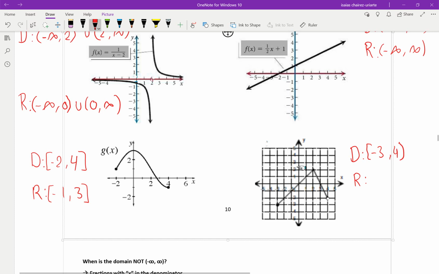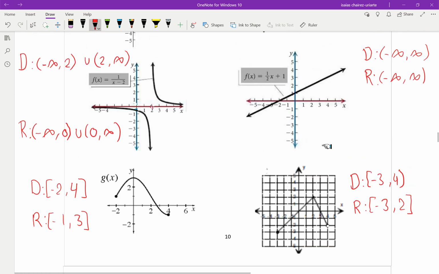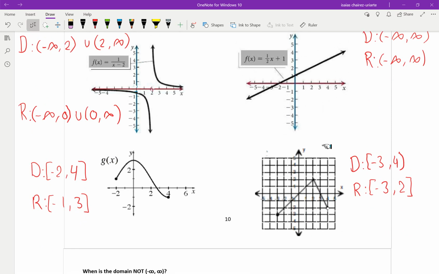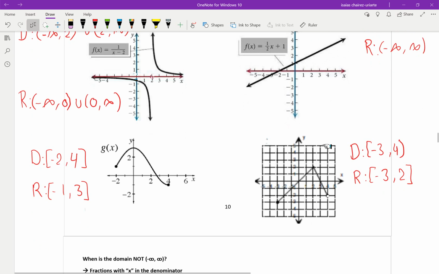So -3 with a bracket, and all the way to 2, also with a bracket, because that point is included. So definitely worth your time to master this ability of determining domain and range just based on a graph. Okay, let's move on.